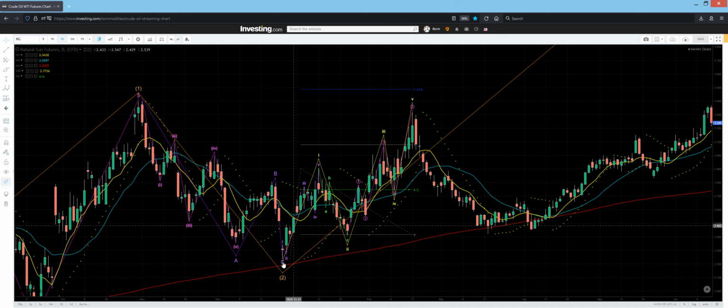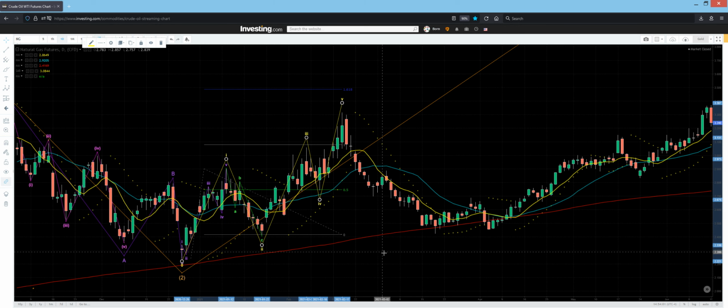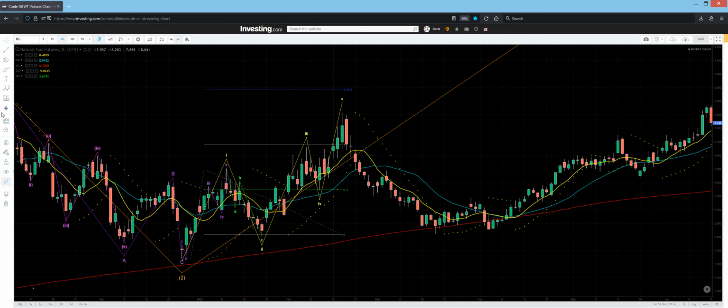But if you were to break down some of these waves into smaller time frames and fib them out, you are going to determine that wave 3 does hit. This wave 3 over here, I'm just going to get rid of this pink one. It is going to show you that it does hit a 3.618 wave extension. I just haven't included it here because I'm going to end up getting lost in it.